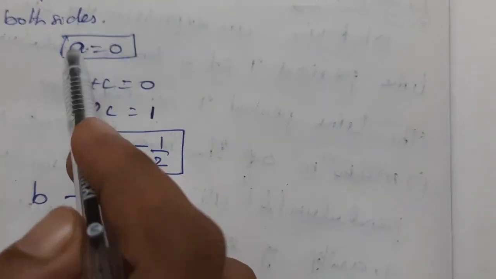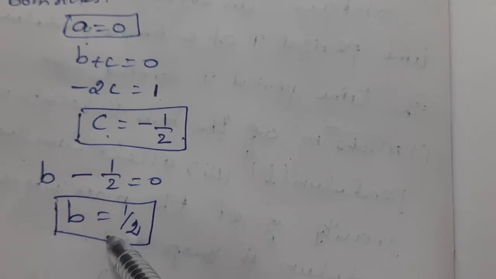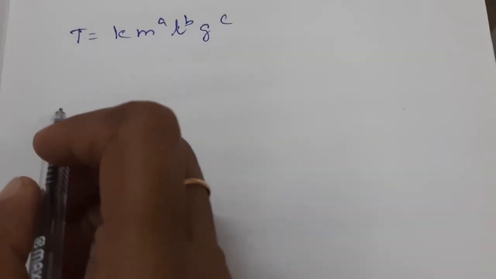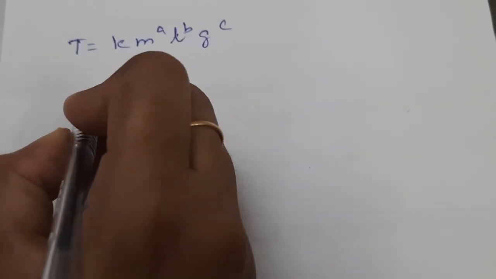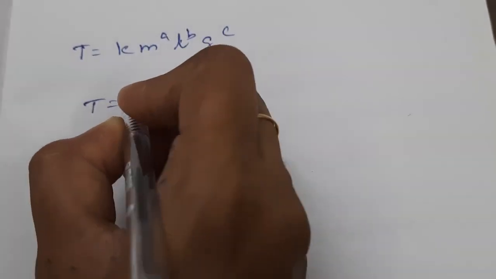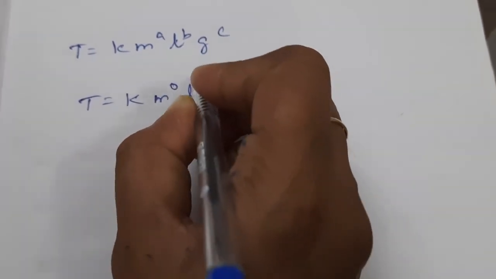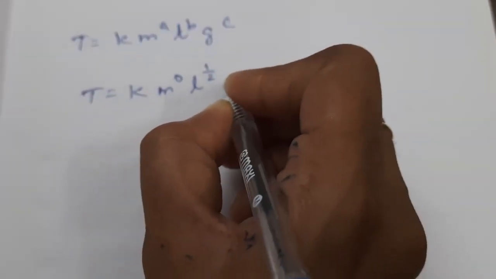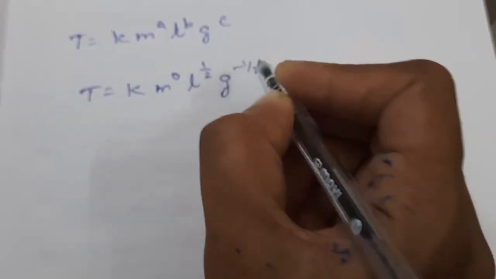So substitute the values of a, b, c in this equation. We will get T equal to k into M power 0, L power 1 by 2, g power minus 1 by 2.